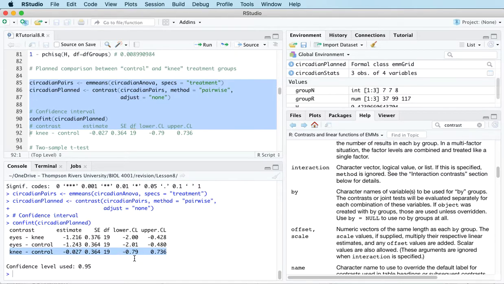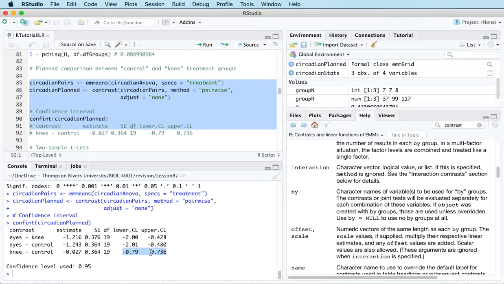The main part of the output that I want to focus on is this confidence interval here. This is the 95% confidence interval for the difference between the population means for the knee group and the control group. It's between minus 0.79 and 0.736.